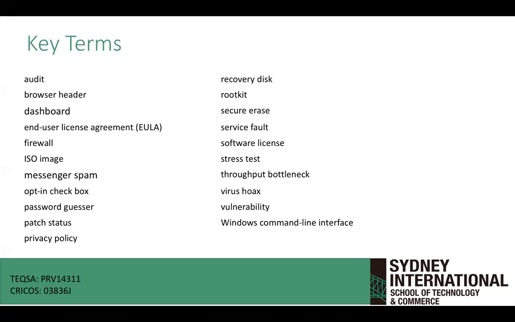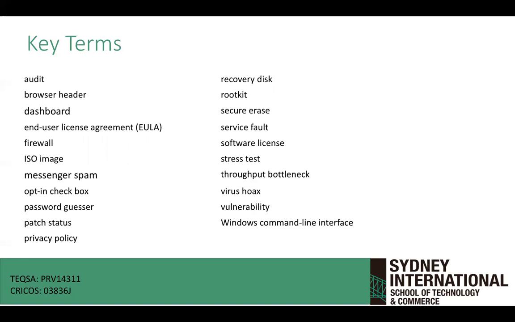If you think about a password guesser, for instance, it guesses whether my password is correct. Privacy policies, browser header, which directs where things need to go when we make a search of the internet. Which page do we need to be directed to?